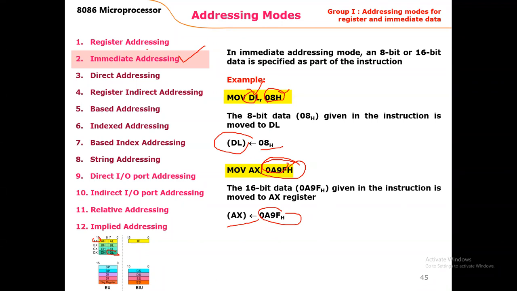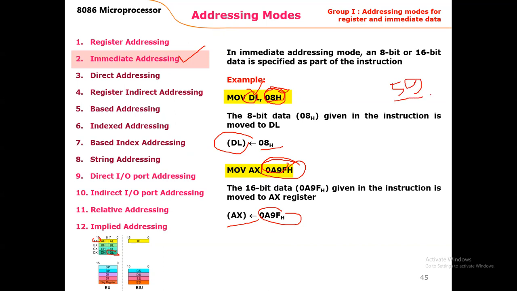Sir, how can I recognize whether they are 8-bit or 16-bit? No problem, it depends on your data and on your program. Suppose your program has 8-bit data, so there is no need for 16-bit transfer. Say you need to transfer 59 to a register.